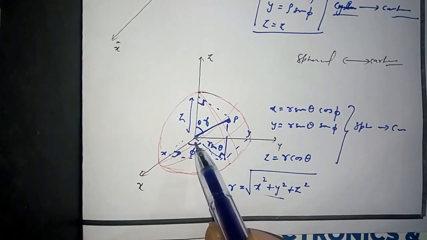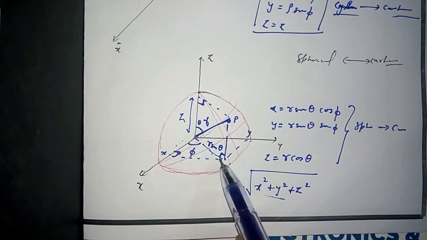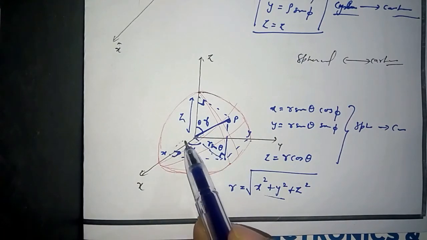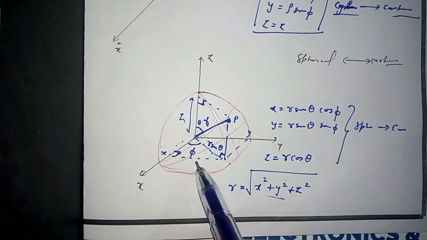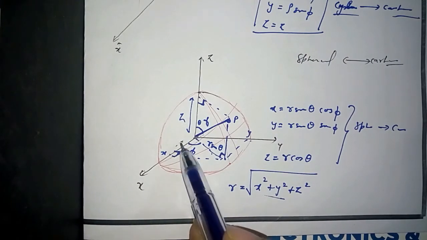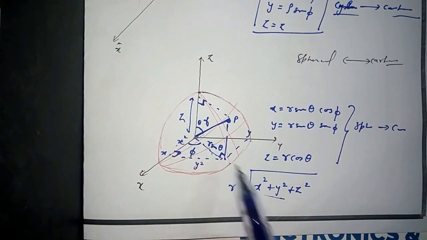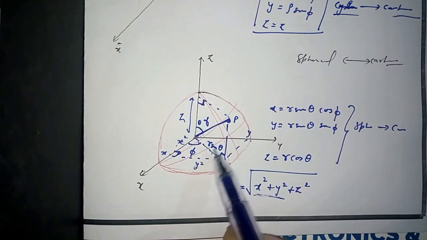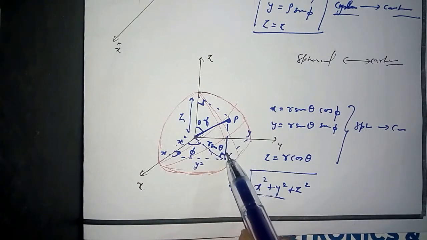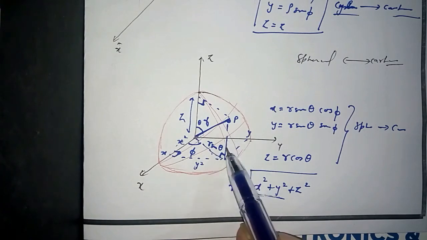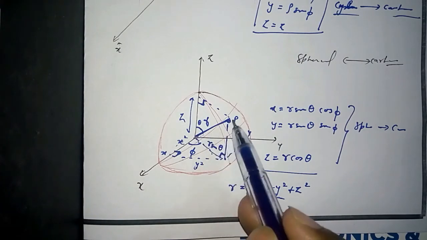So here this is a right angle triangle, okay. The square of this thing will be equal to the sum of the squares of this and this. So x square plus y square is equal to this thing, plus the square of this thing, because this is also a right angle triangle, this thing's square plus this thing's square is equal to r square.